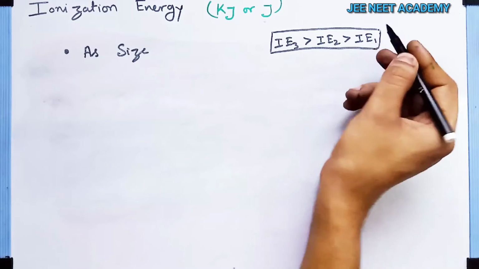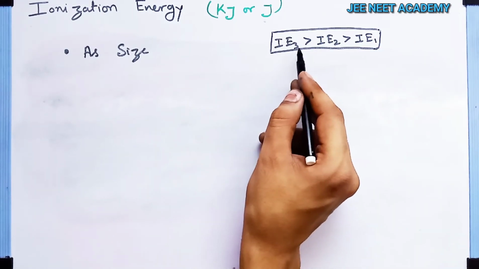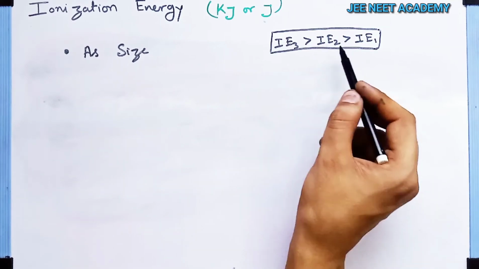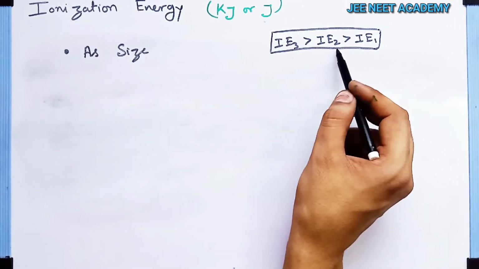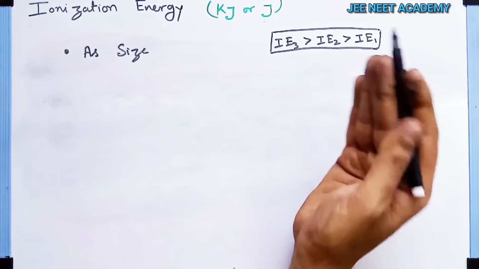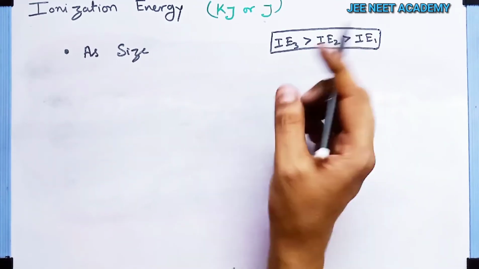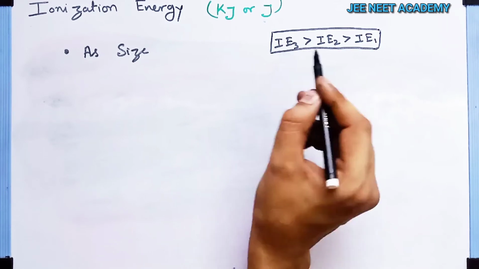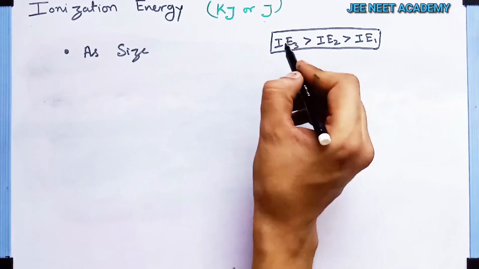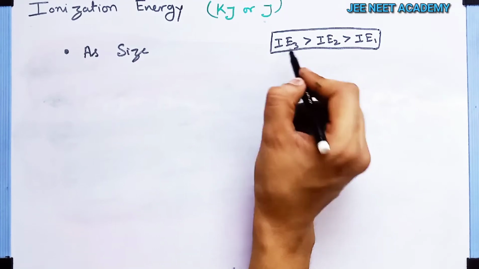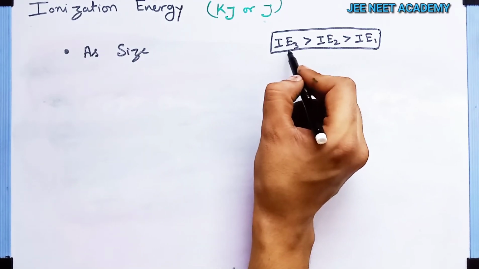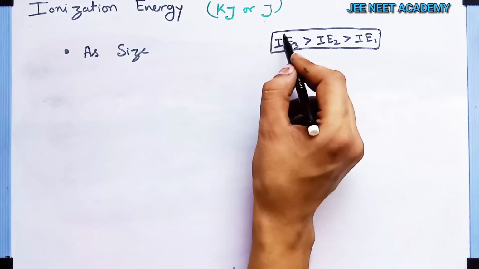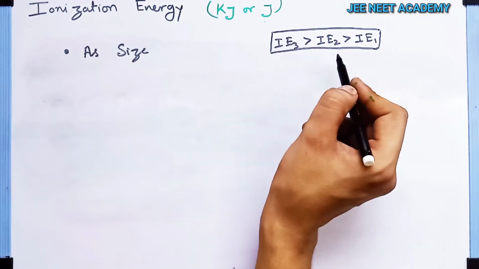After removing 2 electrons, you are going to remove one more electron, and for that you have to give some energy to that cation. That energy is called the ionization energy, IE3.